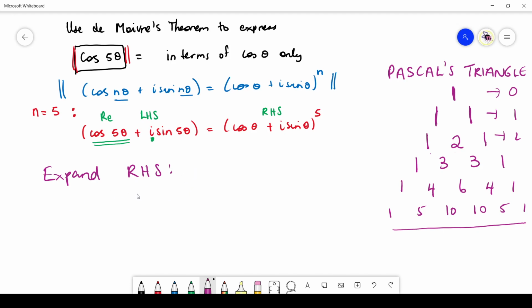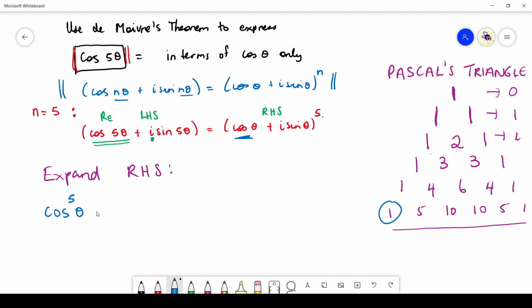Expanding the right-hand side, the first term in the bracket is cos theta. We'll write down that first term to the highest power present, which is 5. The coefficient in front of that is going to be 1, so we won't write it in.